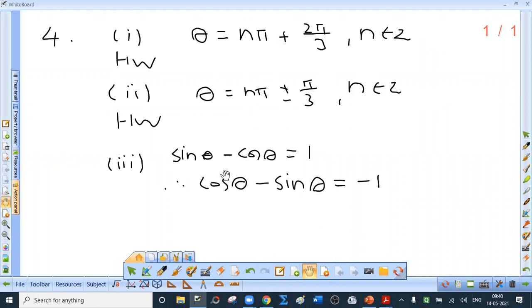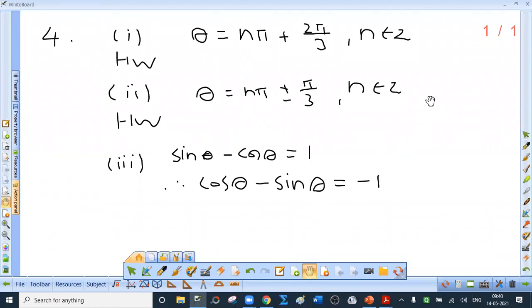Now third is important and you have to write the solution in this fashion only. Sin theta minus cos theta is given to be 1. Write this as cos theta minus sin theta equal to minus 1. I have already told you the working rule. If it is a cos plus b sin, divide both sides by what? Root a square plus b square.